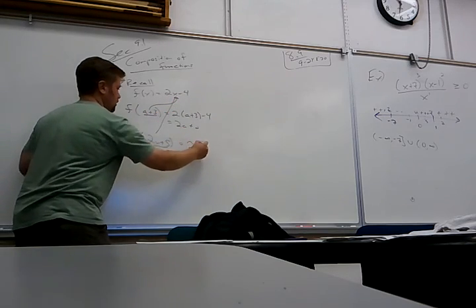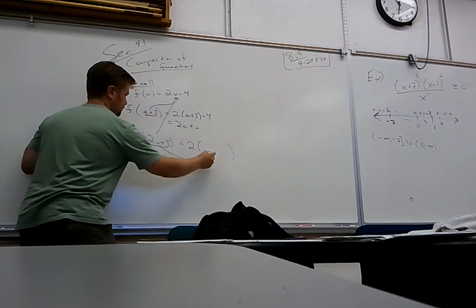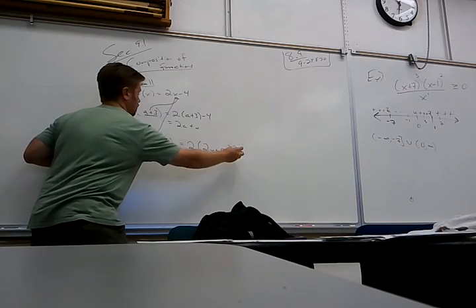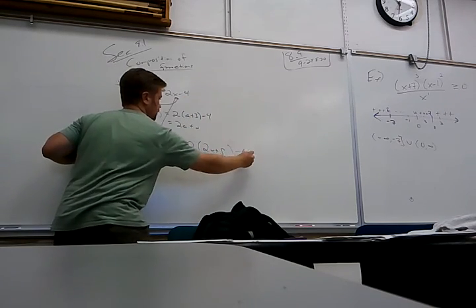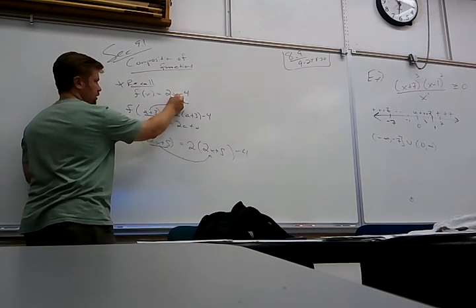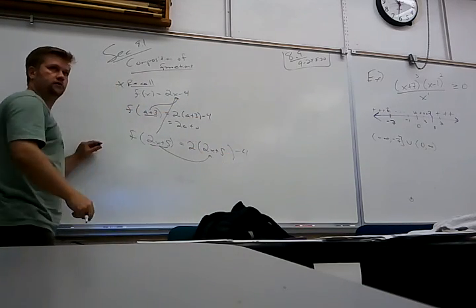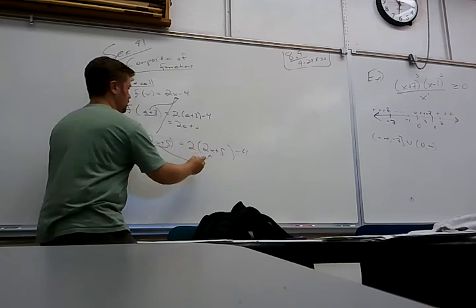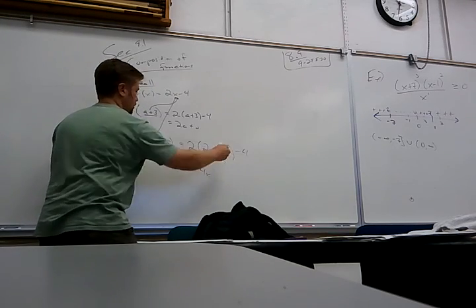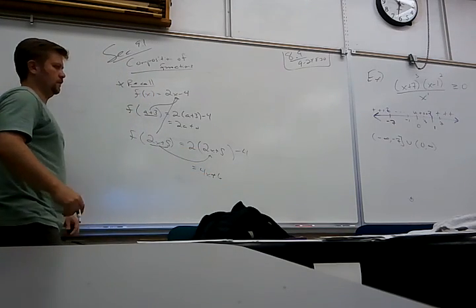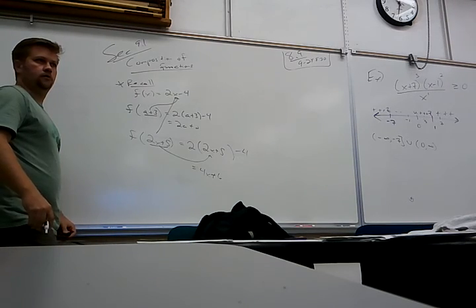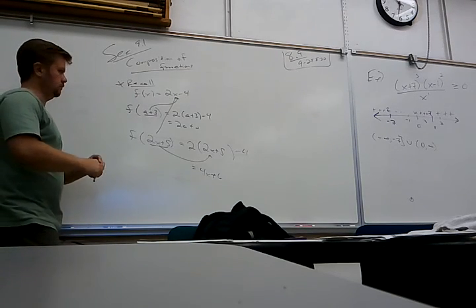So it'll be 2 times 2x plus 5 minus 4. So it's got to be twice the thing minus 4. There you go, right? It's just plug and chug. So what do you get there? You get 4x plus 10 minus 4, which is plus 6. Cool. Not a big deal.